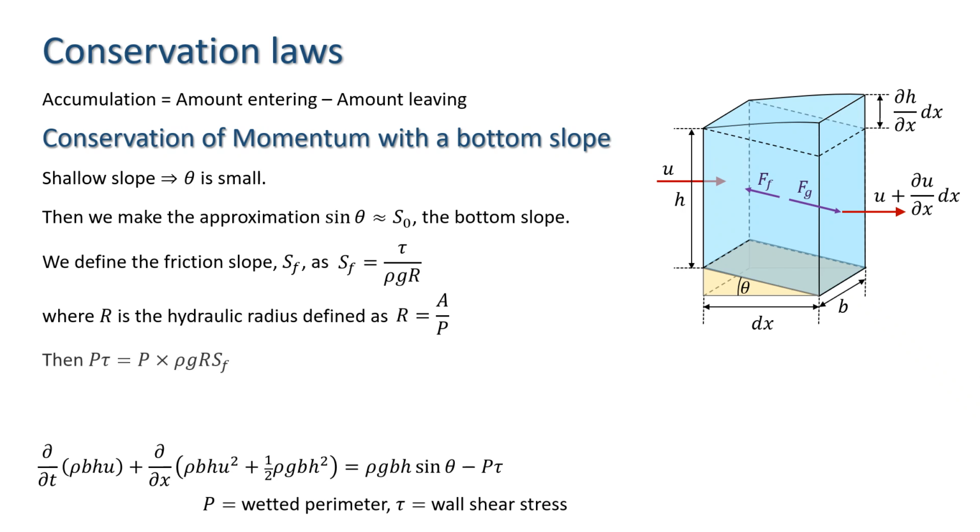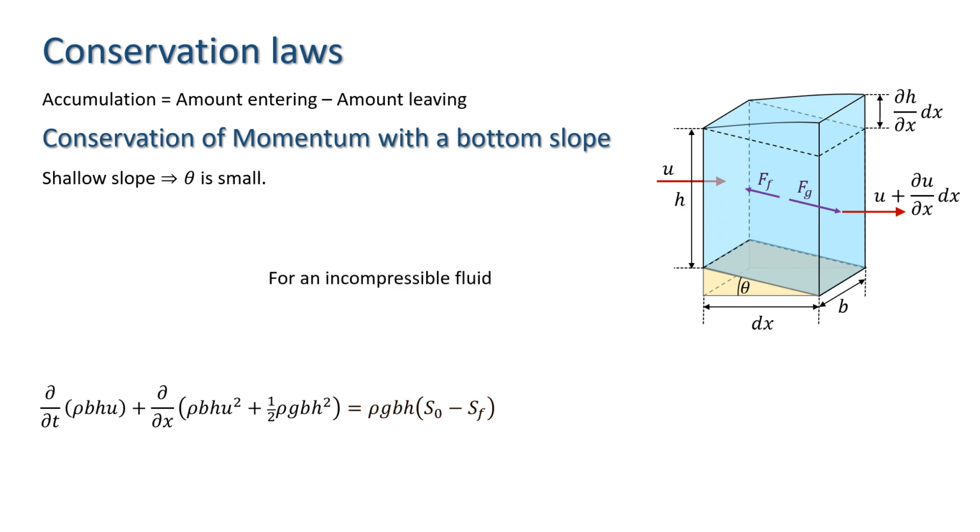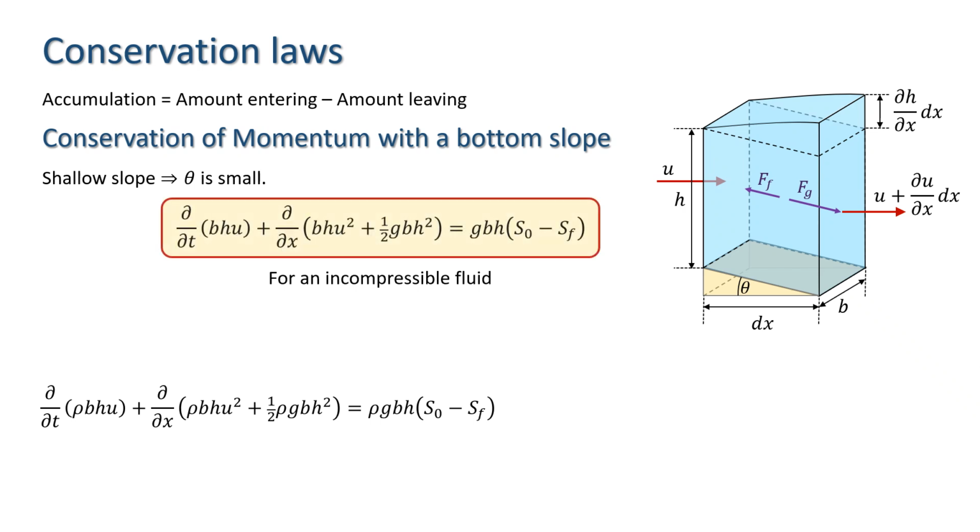Now we have P tau equal to rho bh times SF, and the right-hand side of the momentum equation simplifies to rho bh times (S0 minus SF). For an incompressible fluid such as water, we can divide throughout by rho, and this yields the equation shown here.